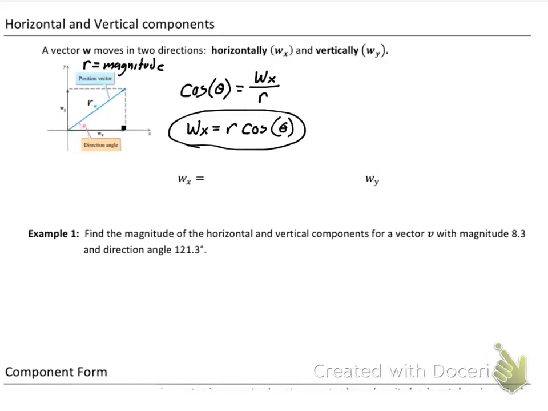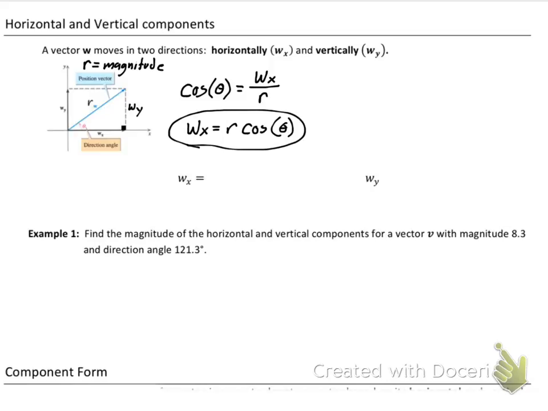Now I want to do the same thing for my vertical component. My vertical component, you can see, is on the opposite side here. It has nothing to do with this angle right now. However, this length, that's the exact length as this one. So I'm just going to rewrite that over here. I'm just going to say, hey, if that's wy over there, this is also wy, so I can use this exact same angle. So now I no longer have adjacent over hypotenuse. Now I have opposite over hypotenuse, which is going to be our sine function.